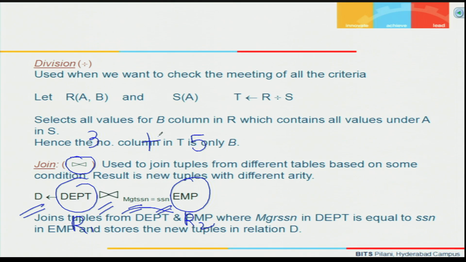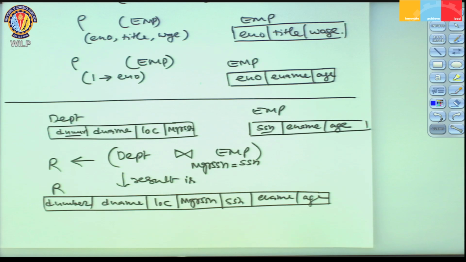Let us have a look at this example. I have department relation with dnum, dname, location, and then manager SSN, which is a foreign key pointing to SSN of the employee table, which indicates who is the manager of the given department. Then in employee table I have SSN, ename, and then age.